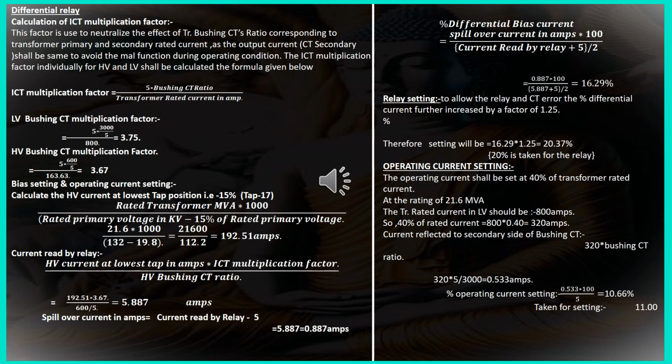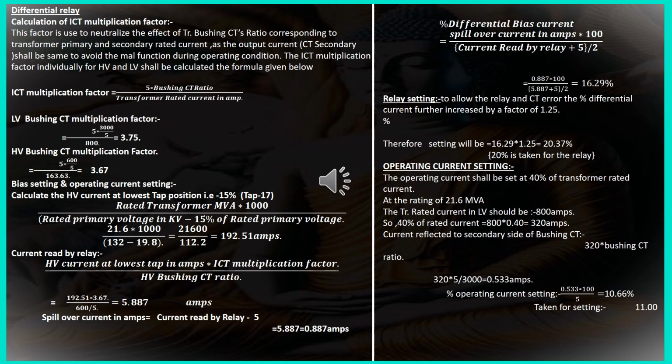Rated relay current is 5, and current read by relay, both are added, then divided by 2 to find the average value. It is coming around 16.39%. But for relay and CT error, they are taking 25% more, so it is coming around 20.37%, say 20%. So your bias setting is 20%.